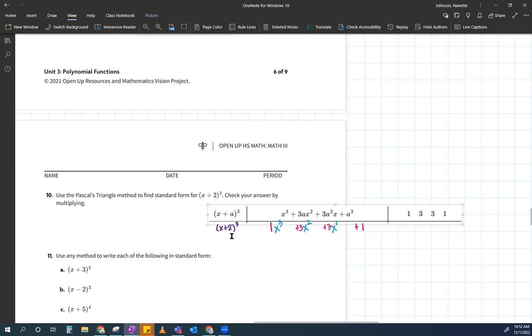All right. So then I'm going to start with my A, and my A in this case is 2. Now, the guy in the back starts off with the smallest power and grows to the biggest power. So no A, then A squared, then A cubed. While X, the first guy, starts with the strongest and goes down to the smallest, the guy in the back starts with the smallest, meaning A to the 0, which I'm not going to write.